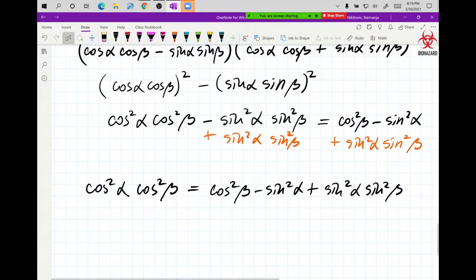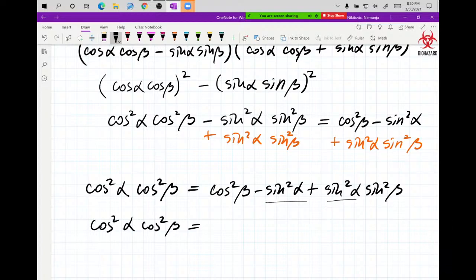Ooh, I can factor now there. Cosine squared alpha cosine squared beta. So I can factor, let's say, sine squared alpha. So cosine squared beta, and now if I say plus sine squared alpha, in parentheses, I will have sine squared beta minus 1.